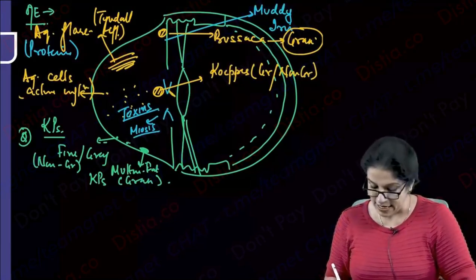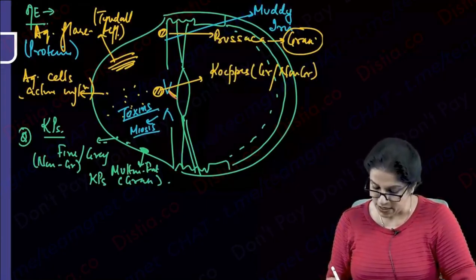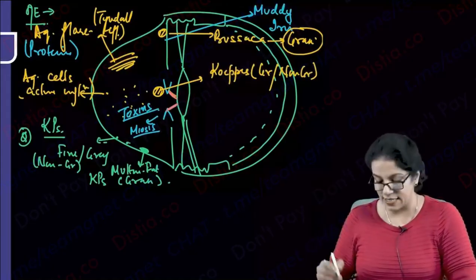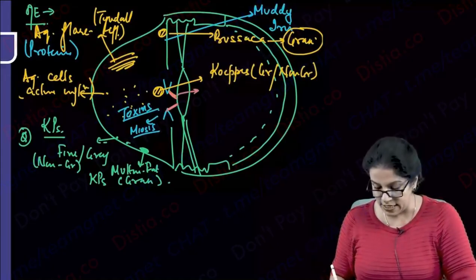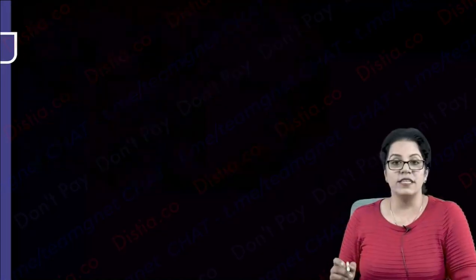When the iris gets adhered to the lens, what do we call it? Iris getting adhered to the lens is what is called posterior synechia. So the next development can be adhesion to the lens. Draw this diagram.